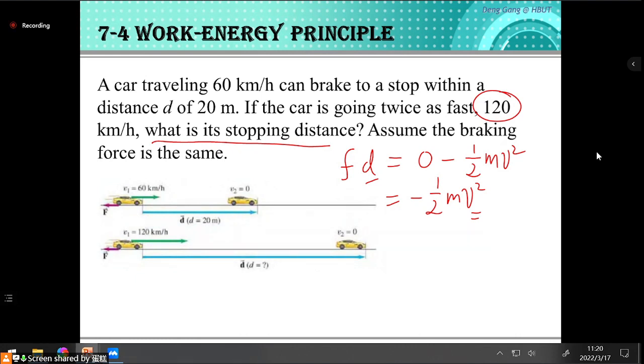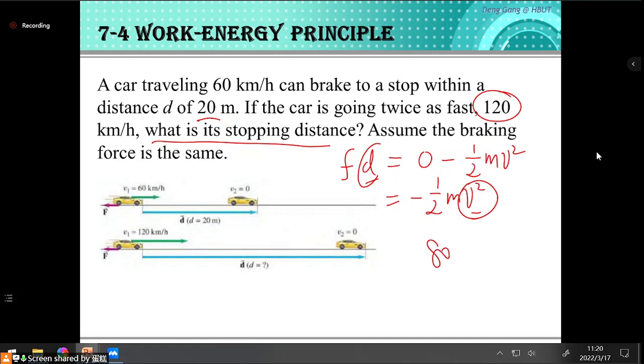Okay, here if it's 60 kilometers per hour, the distance is 20, and if it is 120, when you double the speed, this should be 4 times its original. That's why it is 80.